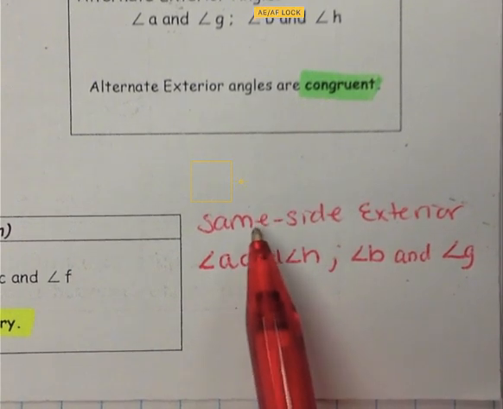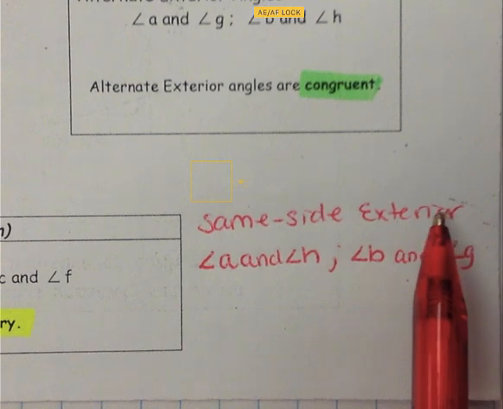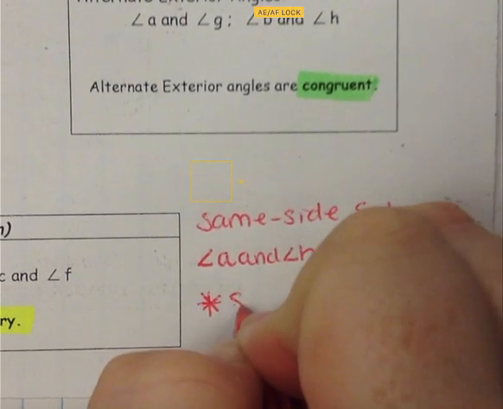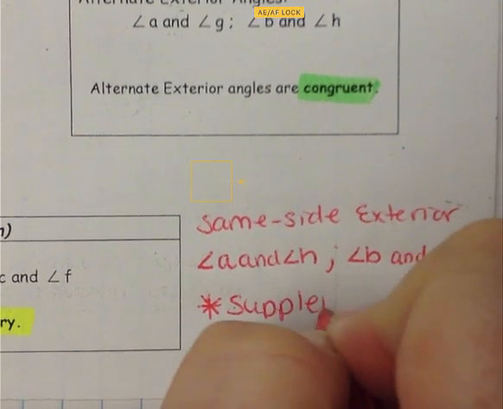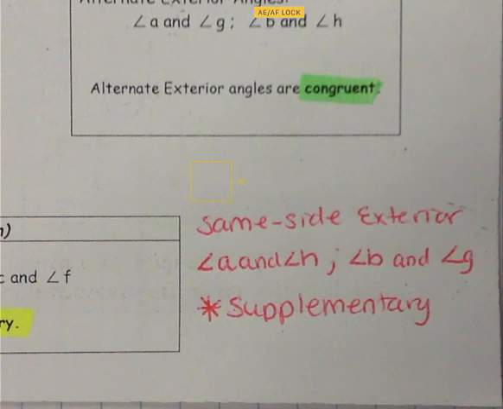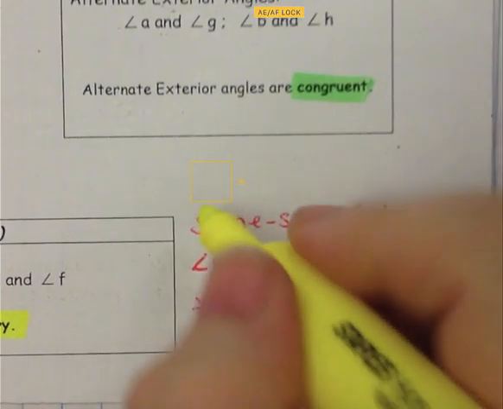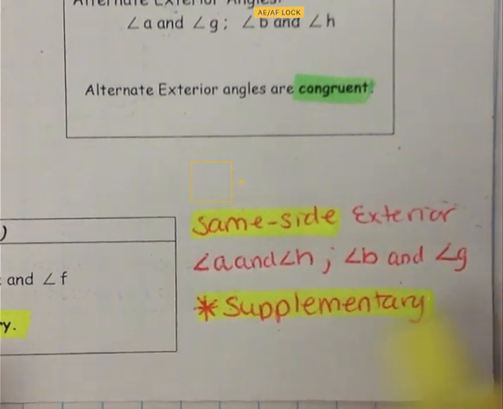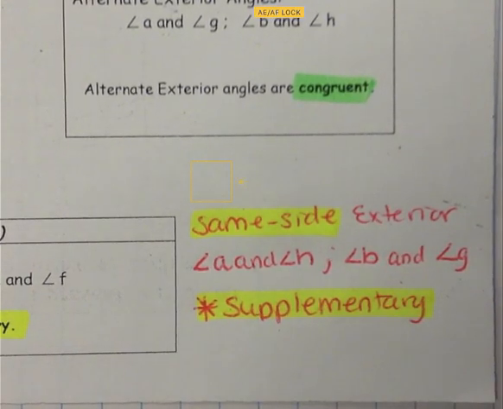Because these are same side exterior angles, they are still supplementary. Every time you have same side, you have supplementary. Except for when you're dealing with corresponding.